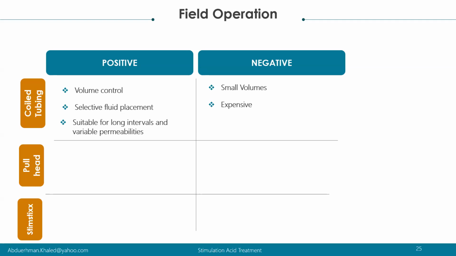So it's not really recommended to use coiled tubing for small volumes. And I don't need to say that it's quite expensive compared to the other techniques.